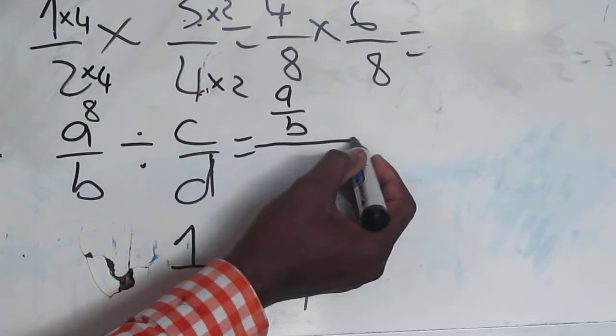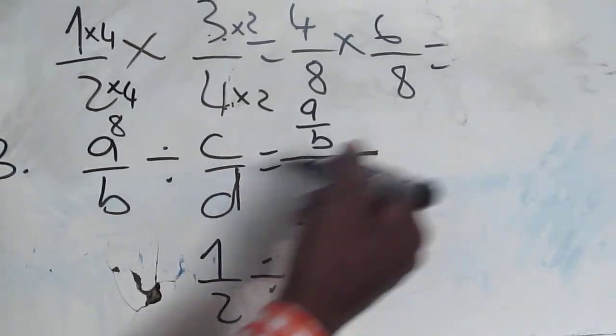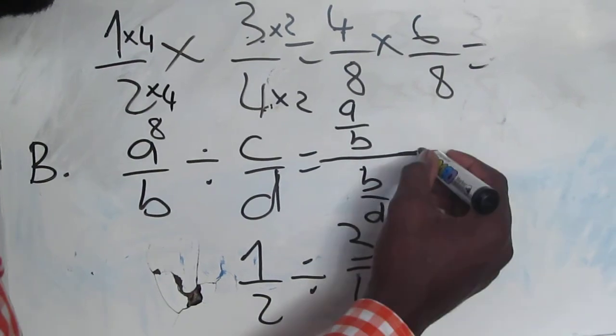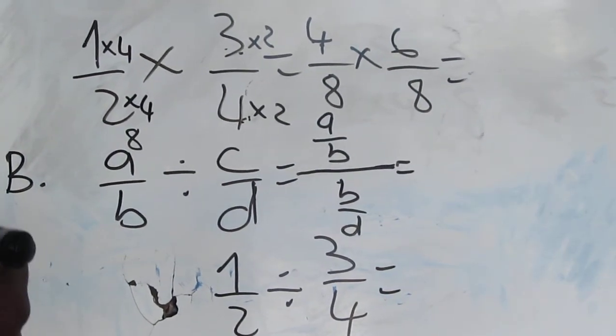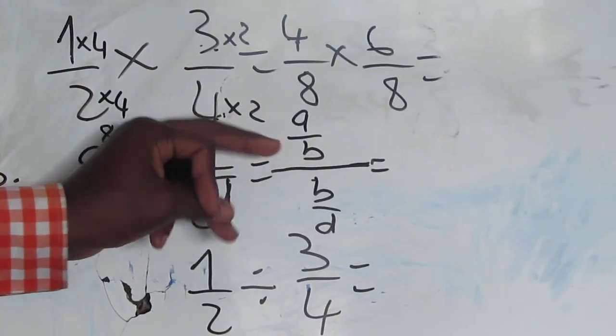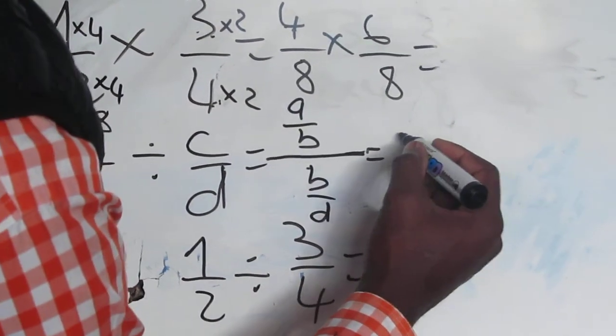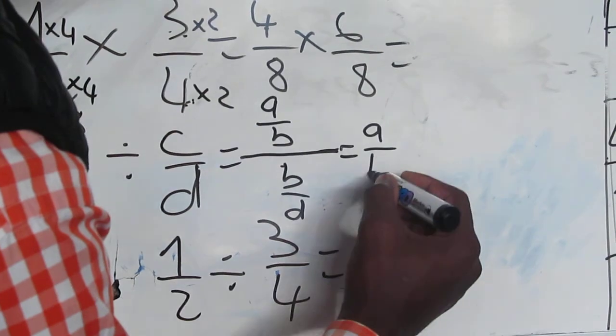This line is longer than the other, then divided by C over D. Now here it's another thing. When you have a fraction divided by another fraction, you get A over B.